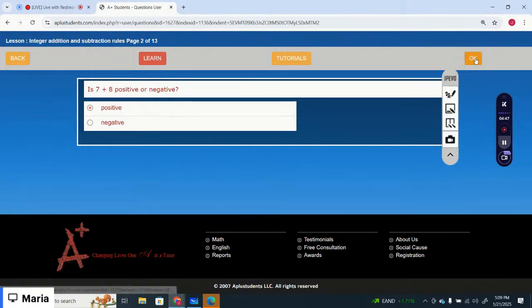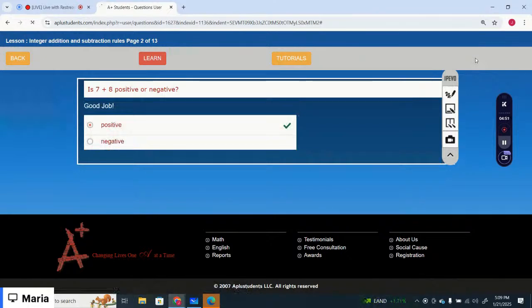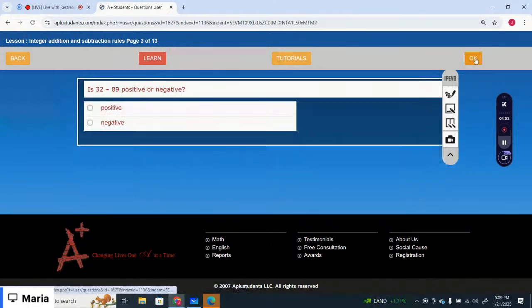Next, is 32 minus 89 positive or negative?